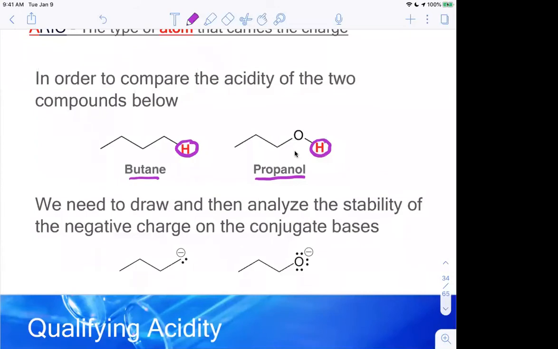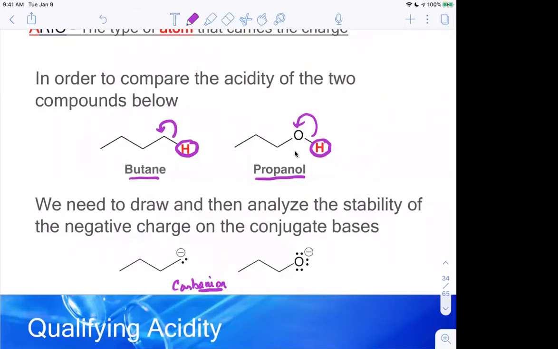If these electrons land on this atom, I have a carbon atom that has a lone pair. This is a carbanion because it's a negative charge on carbon. And I have this oxyanion, which is a negative charge on oxygen.